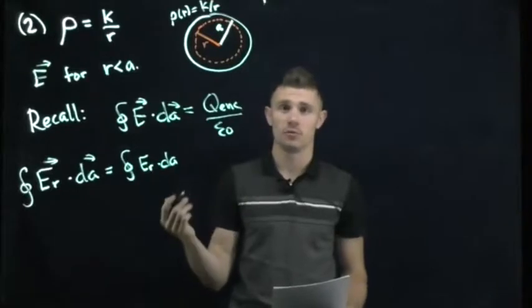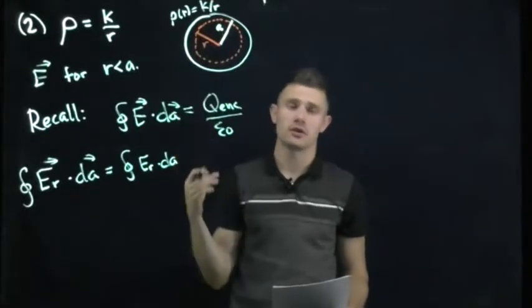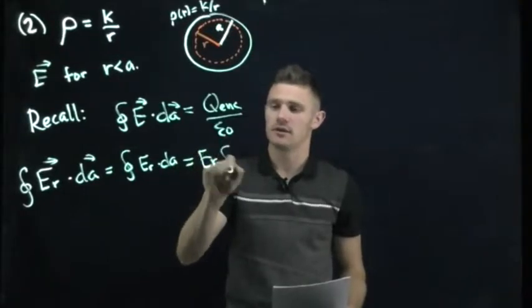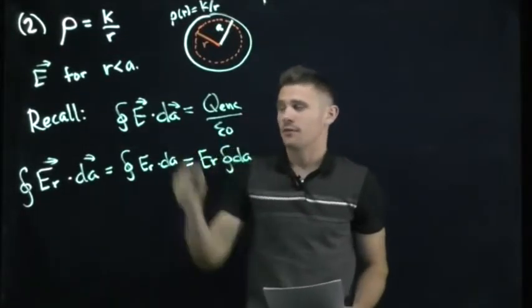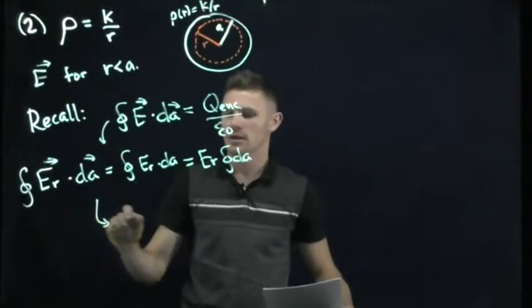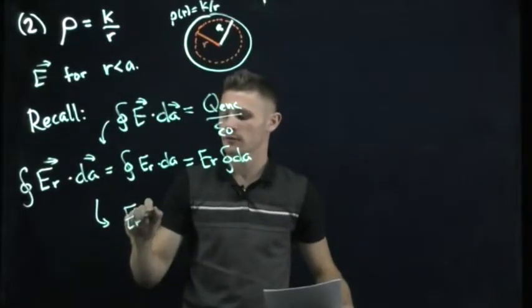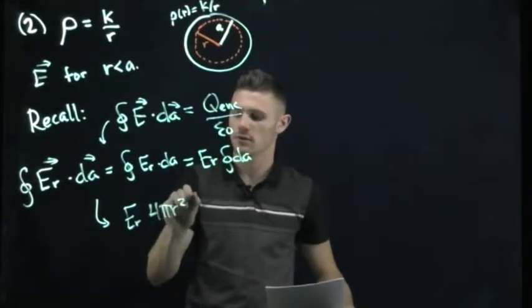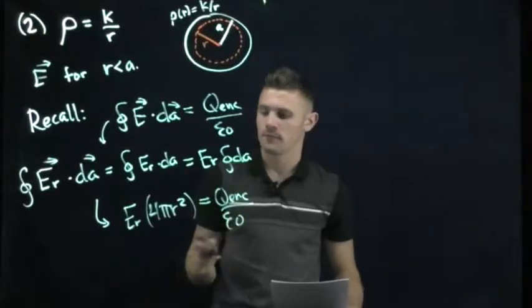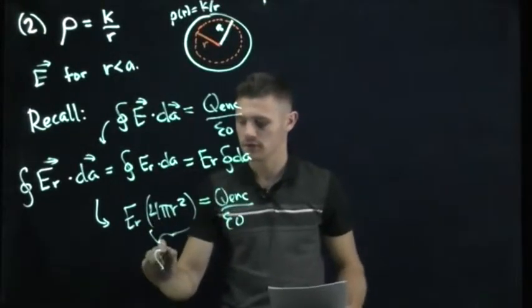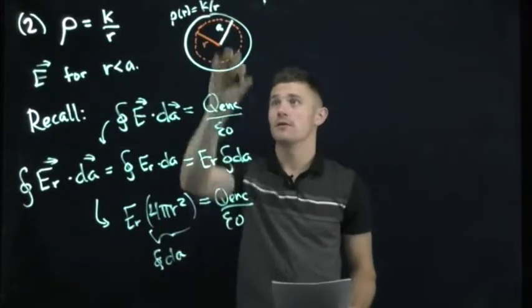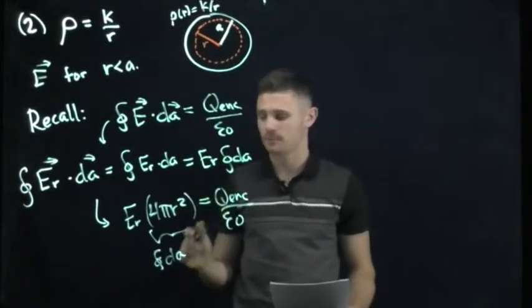Now the electric field will be radial in all directions, and will also be constant at every point on the Gaussian surface, so we can pull it outside of the integral. And we're left with the left-hand side of this equation becoming E_r 4 pi r squared is equal to Q enclosed over epsilon naught, where our 4 pi r squared is the closed surface area integral of our Gaussian surface with radius r.